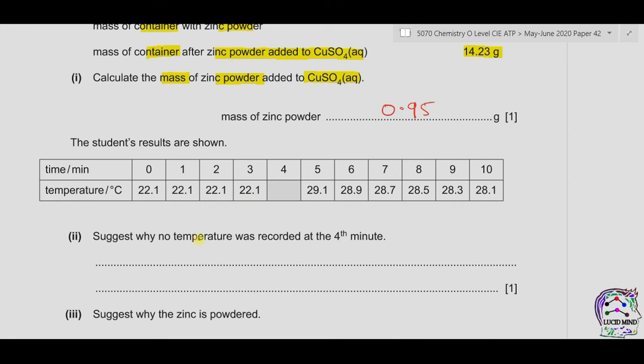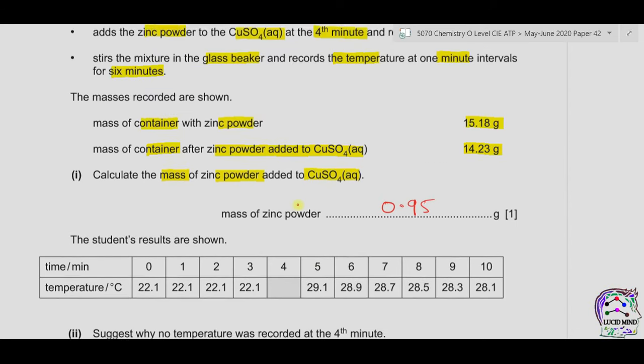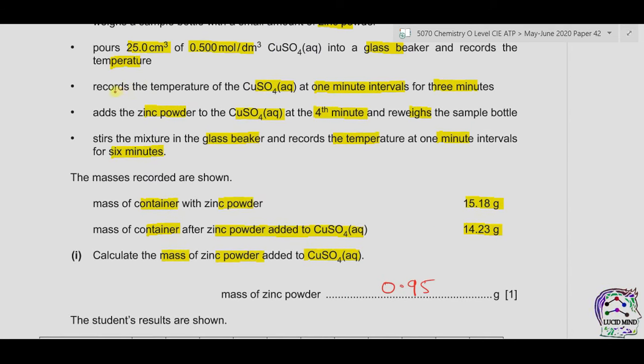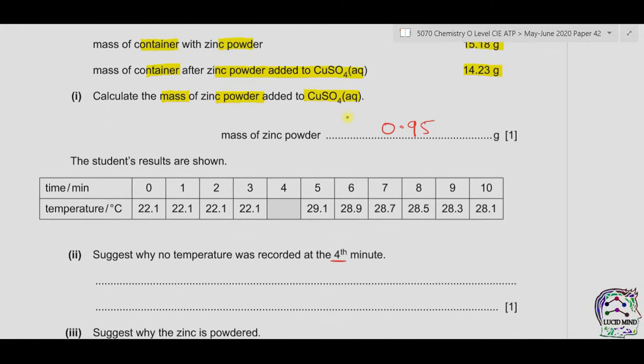Part 2 suggests why no temperature was recorded at the 4th minute. As in the points, we have seen that the student adds zinc powder to copper sulfate at the 4th minute, so therefore he was unable to obtain the temperature.